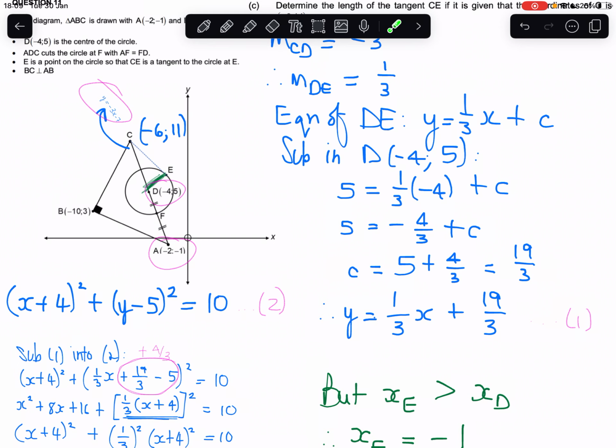That relationship is wrong because these are not perpendicular lines. They're not perpendicular. So I can't say the gradient of this times the gradient of this is negative 1.